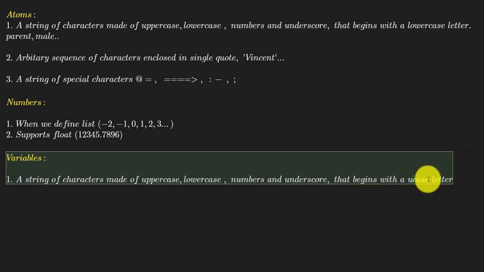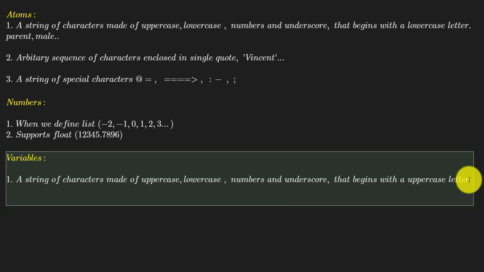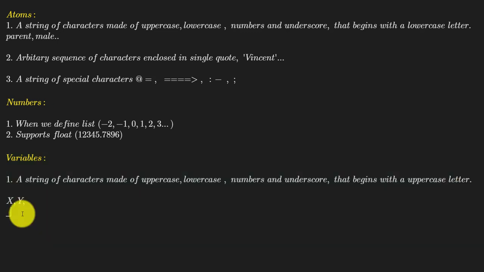So this is the main difference between an atom and a variable. For example, X and Y are variables, or it can start with an underscore as well, like _temp. So this could be another variable.